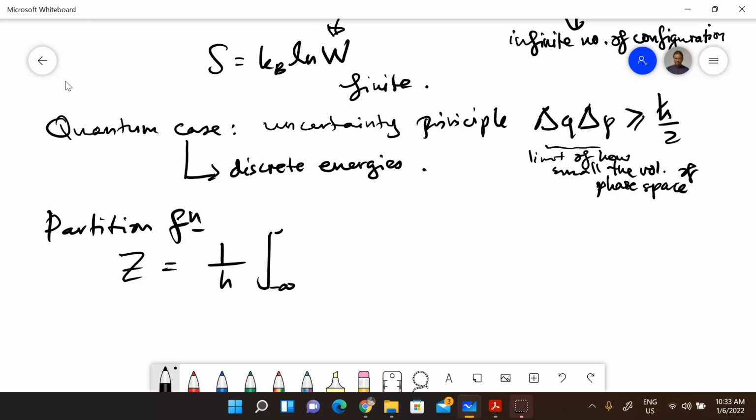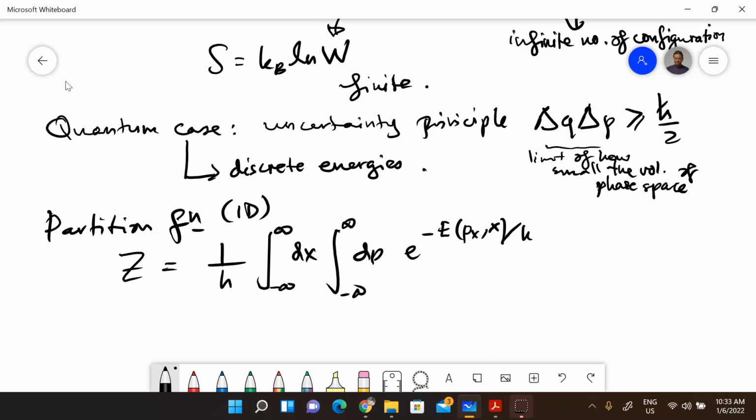Remember, you need to integrate over all possible variables, so you have this infinite range, and you have the Boltzmann factor here, over KBT. This is the case of 1D first.